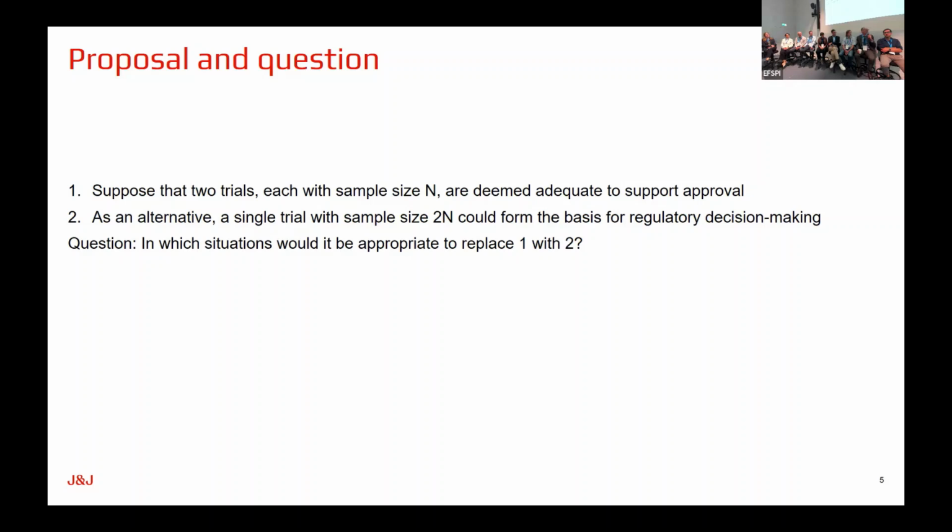I think that's the question, maybe for next year. Yeah, I can make a provocative question for next year. One trial with 2N patients, but two subgroup analyses as primary analysis for replication.